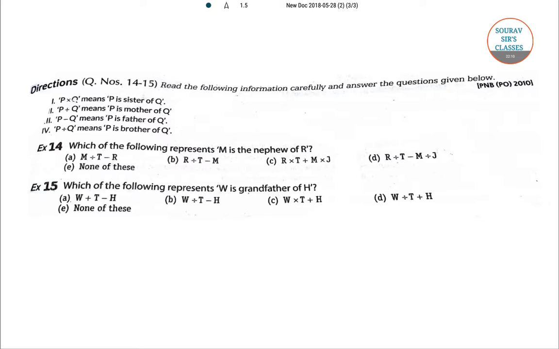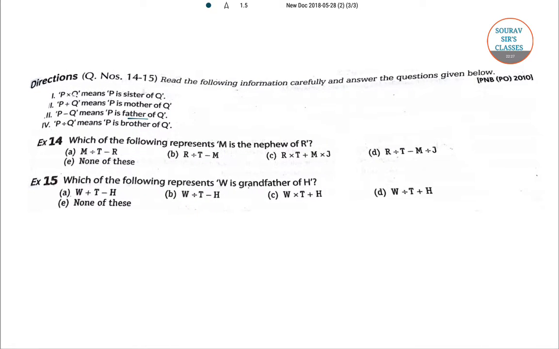That is, if we are given P cross C, it means P is sister of C. Plus means mother. So P plus Q means P is mother of Q, minus means father of, and divide means brother of. So here we have to solve the following question.